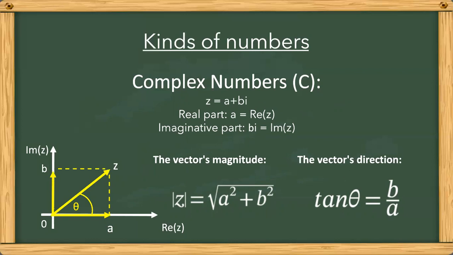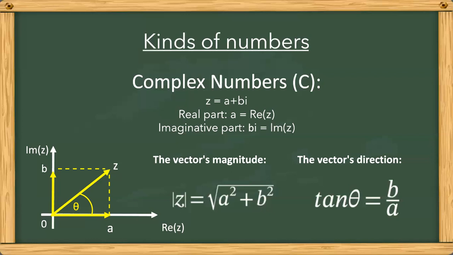So the complex numbers, we can say, can be represented by an arrow, like vectors. The vectors are quantities that have magnitude and direction. Also, the vectors have two components.